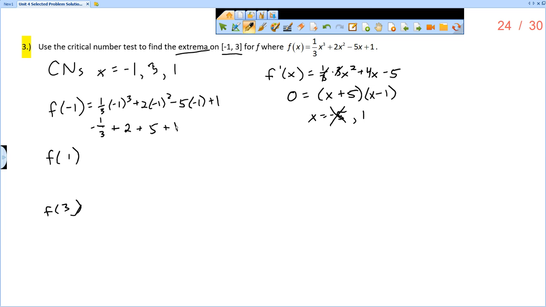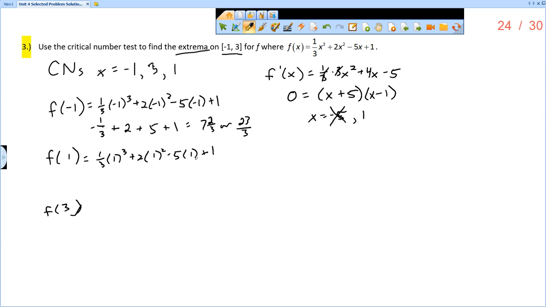So 7, 8 minus a third, so that would be 7 and 2/3, or 23 thirds.